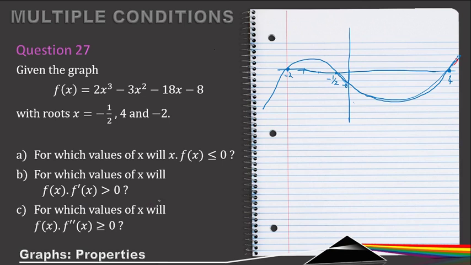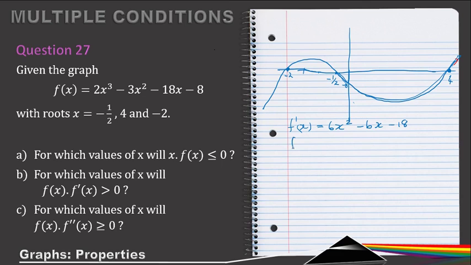It says for which values of x will f(x) times the second derivative of f(x) be greater than or equal to 0. So once again, we now need our point of inflection. That's going to play a role now for the second derivative. So once again, the first derivative we saw was equal to 6x squared minus 6x minus 18.